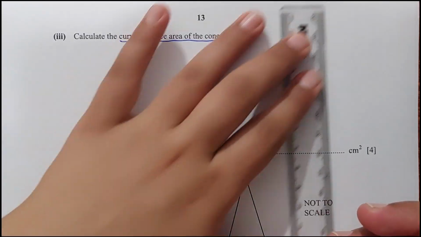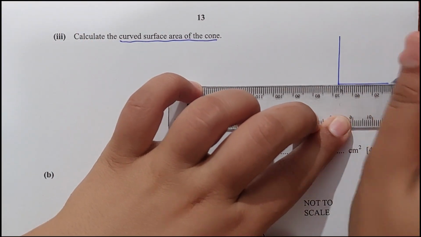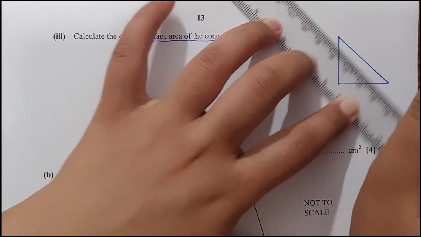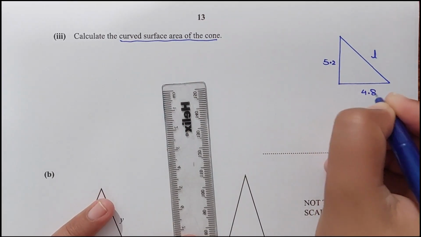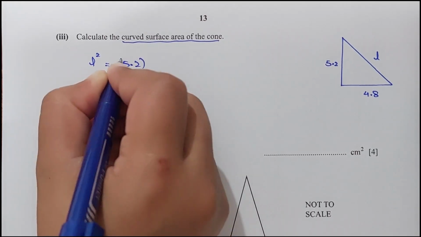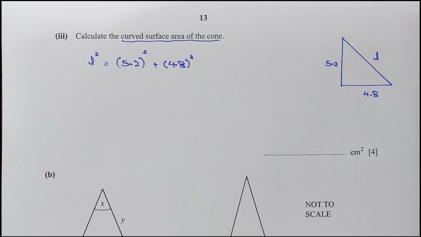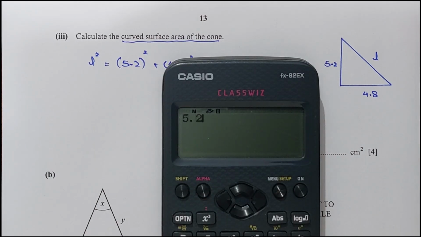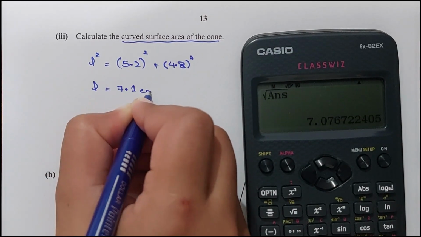Let me draw this shape over here and solve for L. So this is L, this is 5.2, and this is 4.8. Hypotenuse squared equals 5.2 squared plus 4.8 squared. 5.2 squared plus 4.8 squared, and its square root is L. So L is going to be 7.1 centimeter.